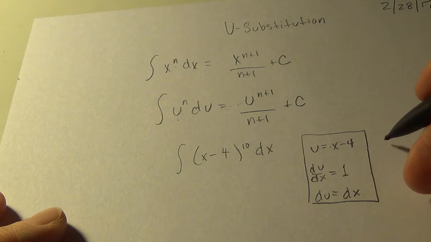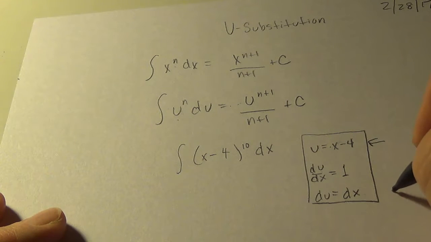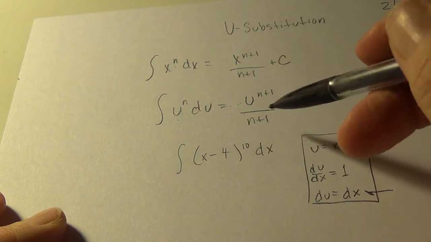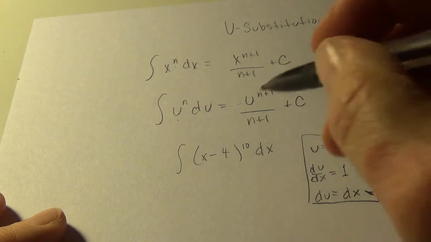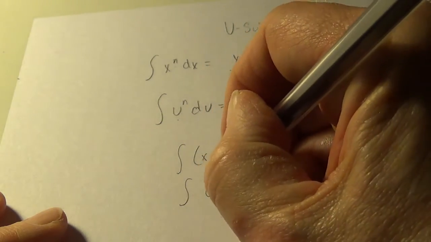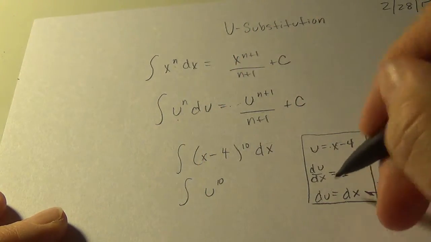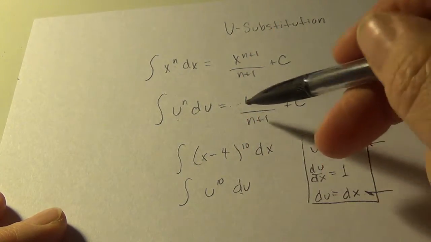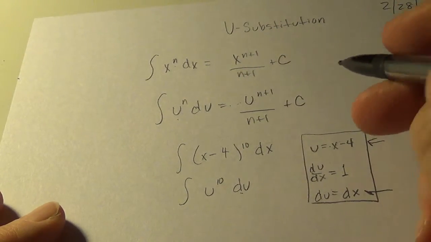So this and this will take the place of everything behind the integral sign. So my x minus 4 is replaced by a u to the 10, and the dx is replaced by a du. Now I have an expression that can follow the power rule for integrals.